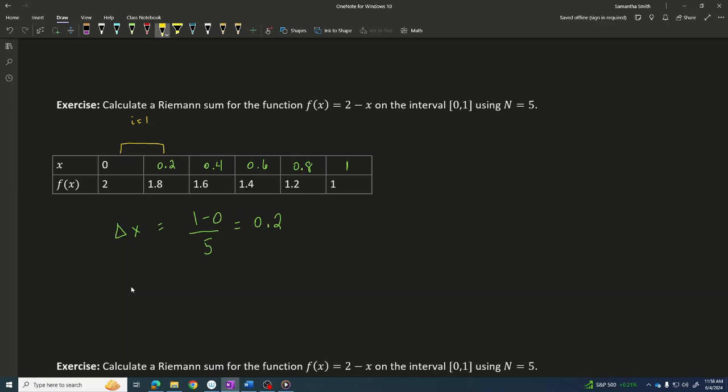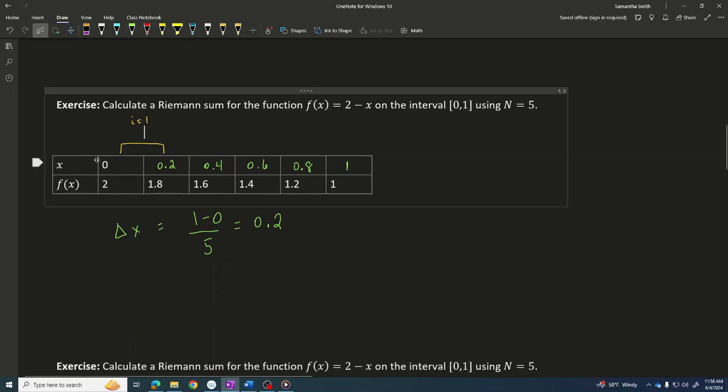Now, the two most common choices are to either always take the left x value or to take the right x value out of each chunk. You can also take values in the middle of the chunk, but it's not often worth the effort. It's typical to take either the left value or the right value.